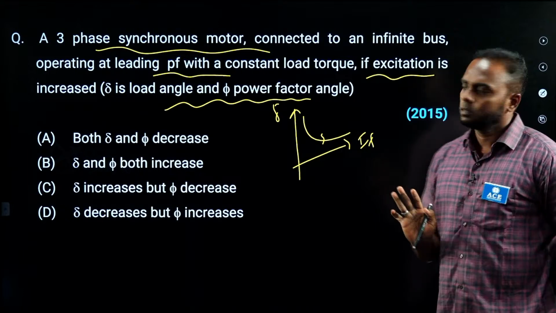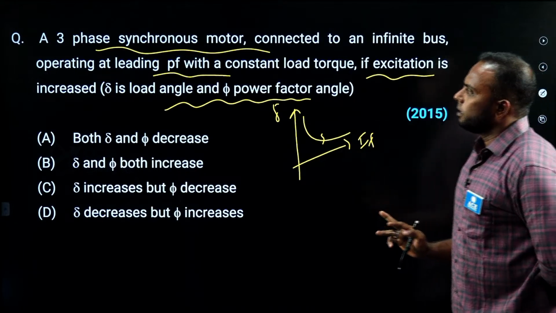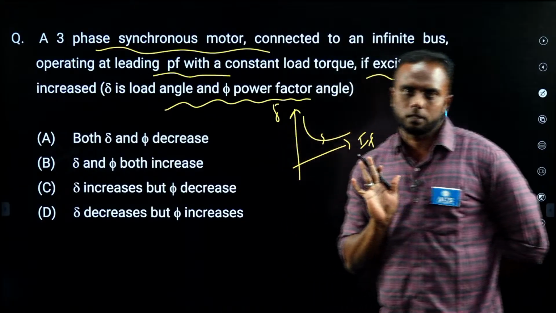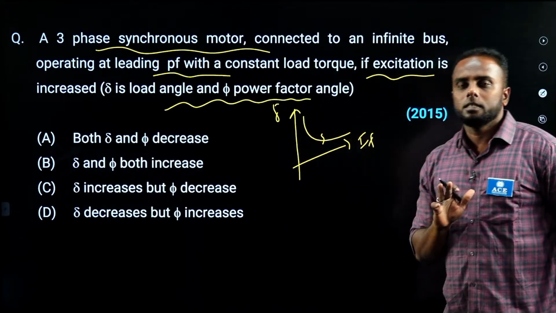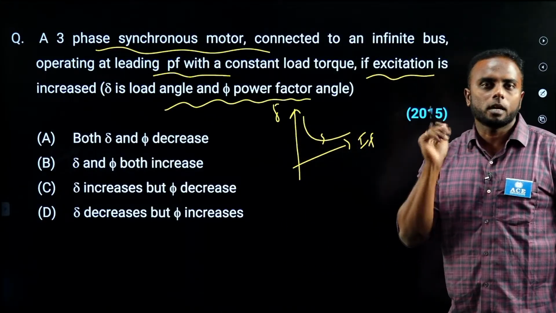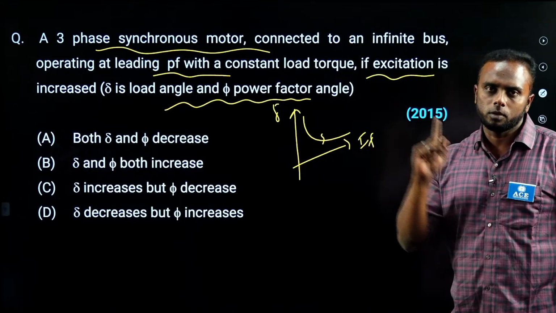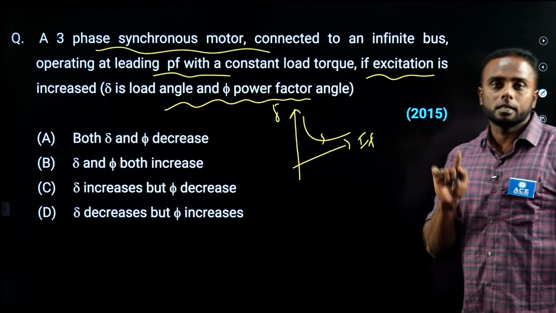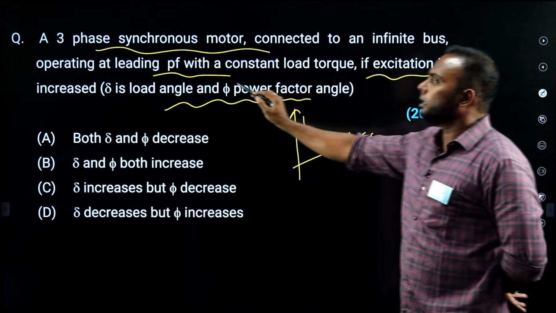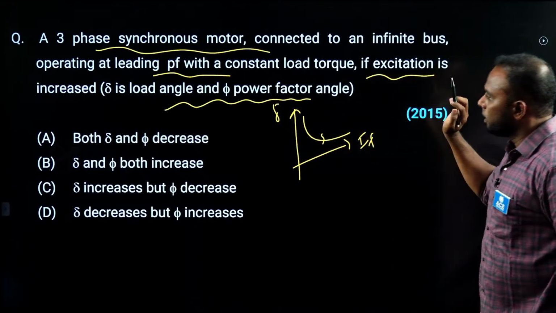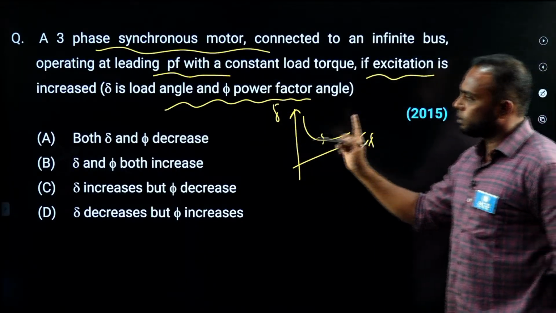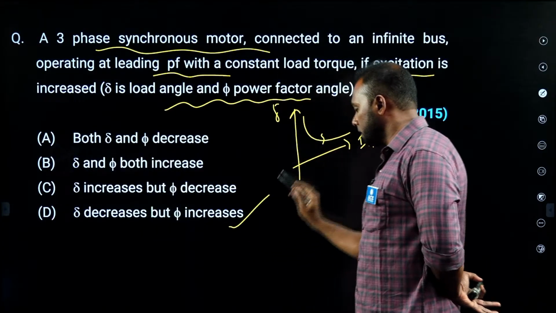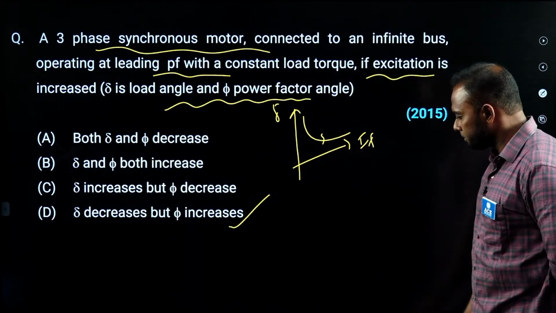It is connected to an infinite bus bar operating at some leading power factor. But whenever excitation is increased further, what happens to the power factor value? It decreases, as you can see from the inverted V curve. Power factor decreases means the power factor angle increases. Delta decreases but phi increases. Option D is the correct answer.